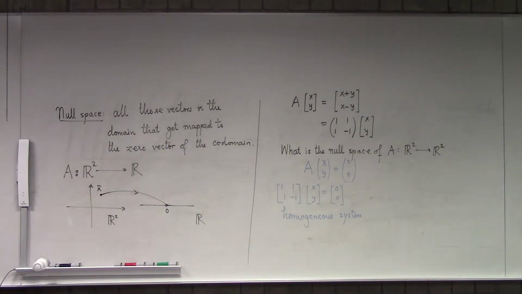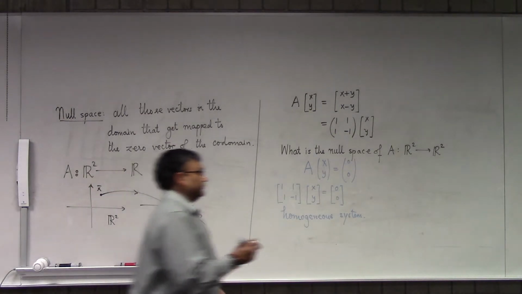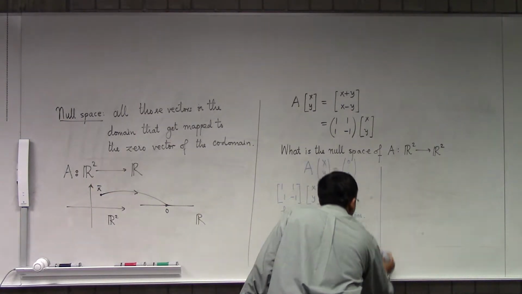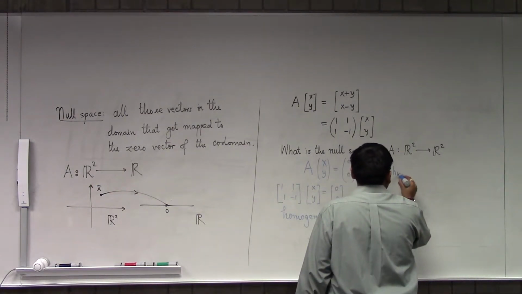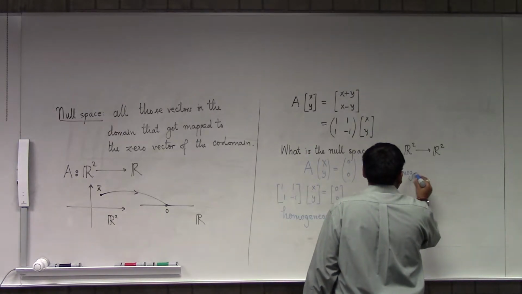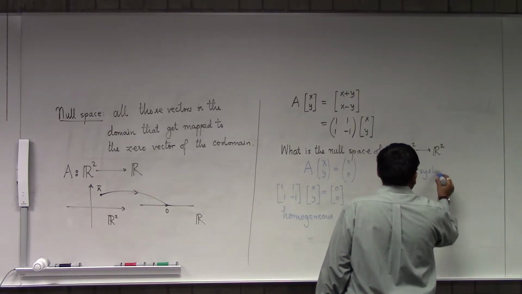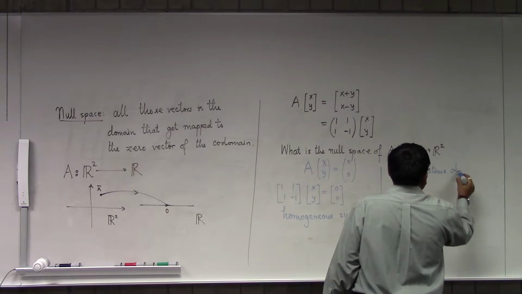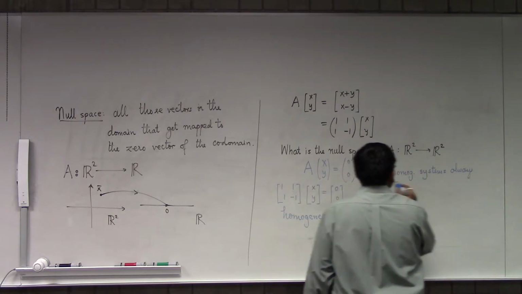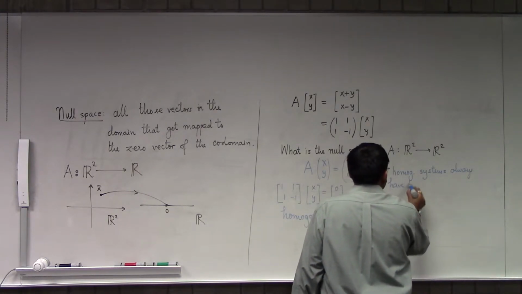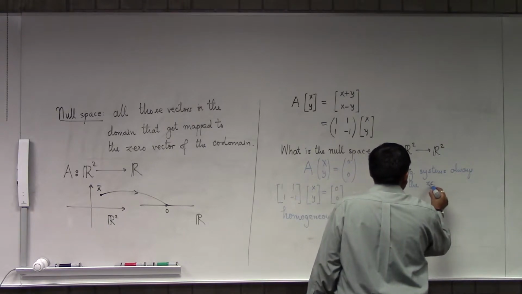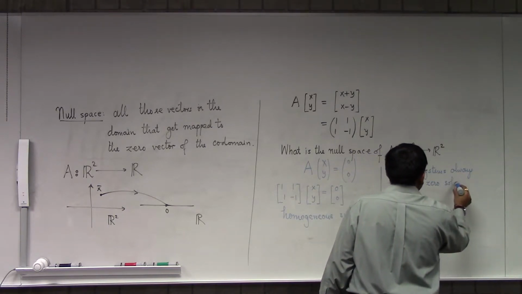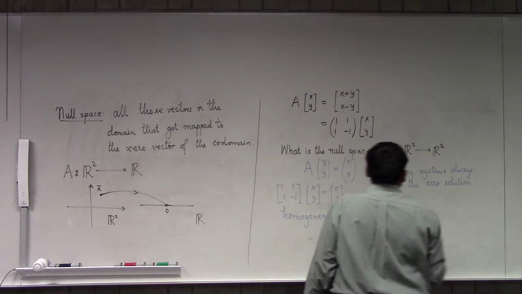Any homogeneous system is guaranteed to have at least one solution, namely the trivial solution. So, since homogeneous systems always have the zero solution, what does this mean for us?